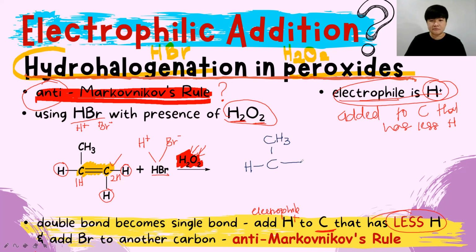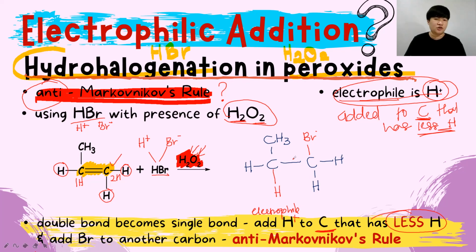Everything remains the same. The double bond changes to a single bond. You have new friends added to the carbons that were holding the double bond just now. And the friend that goes in as your electrophile is added to the carbon that has less hydrogen. So your electrophile H+ will be added to the carbon that has less hydrogen, and your Br- will be the one going into the carbon that has more hydrogen.